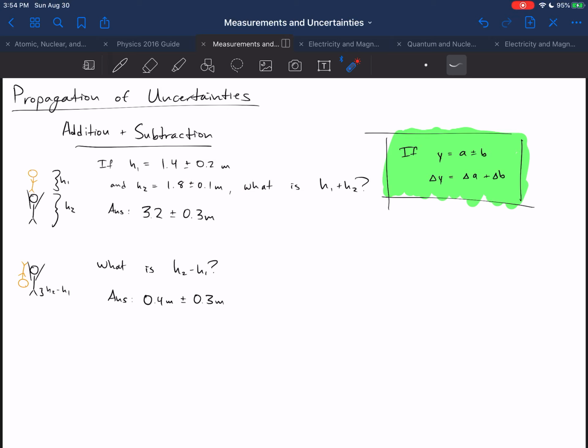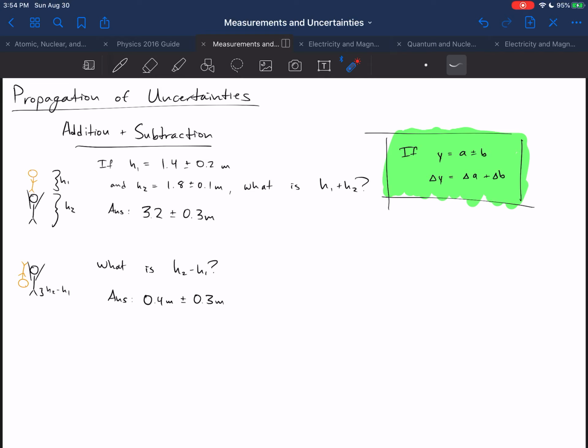Those uncertainties still add up, because imagine h2 is off in the positive direction, and h1 is off in the negative direction. You've still got a gap of 0.3 meters on either side. Same for the other case: what if h2 were smaller than we thought it was by 0.1 meters, and h1 was larger than we thought it was by 0.2 meters?